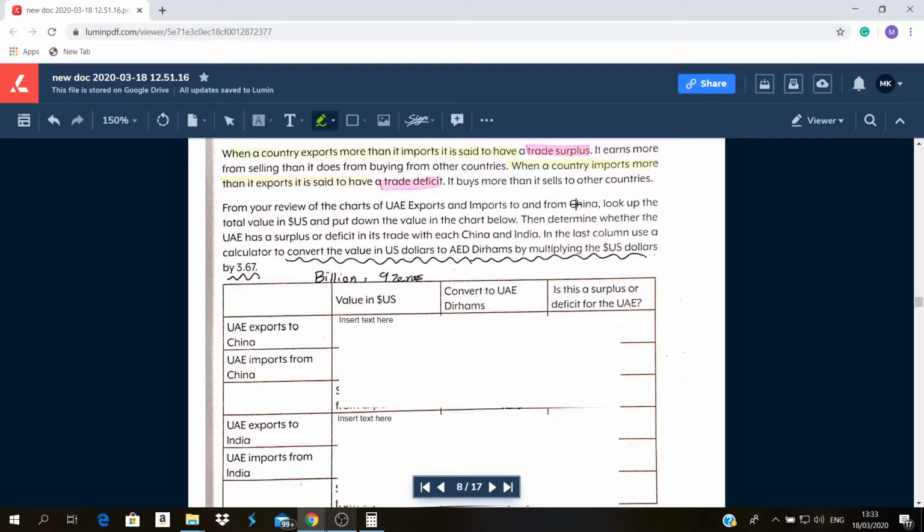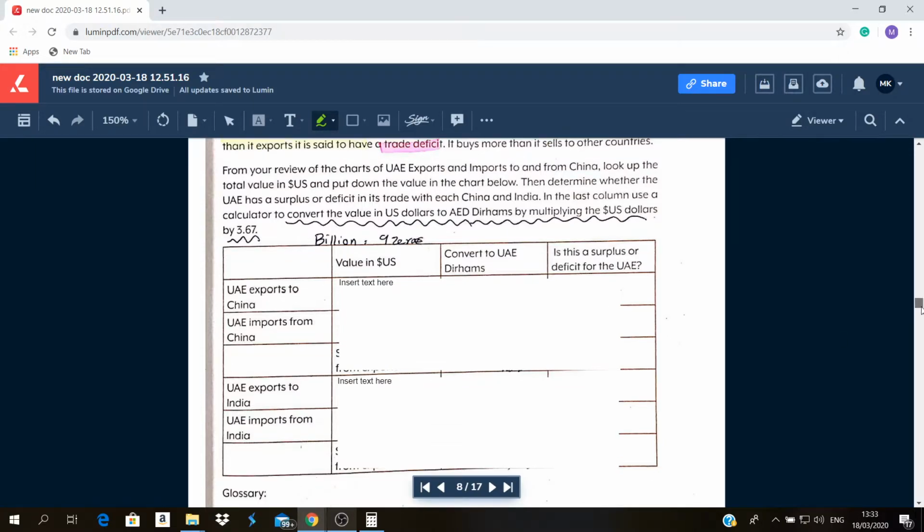Then determine whether the UAE has a surplus or deficit in its trade with each of China and India. In the last column, use a calculator to convert the value in US dollars to Arab Emirates dirhams by multiplying the US dollars by 3.67. Let's do this. Remember that billion is how many zeros? 9 zeros.